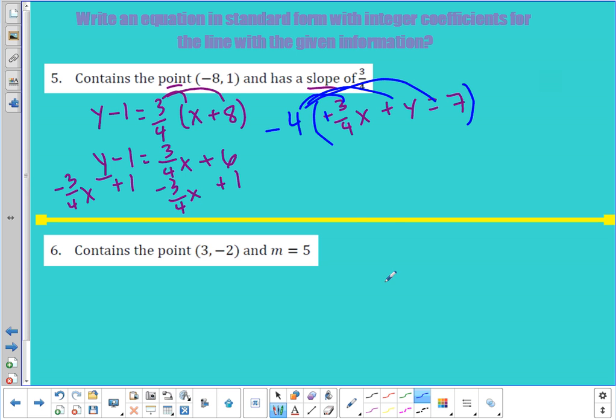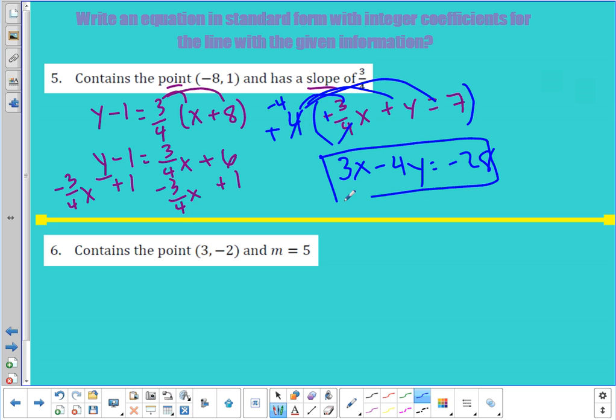So I distribute that across. This 4 cancels that 4, and I'm left with positive 3x. Then I cross through it, so I'll just write it again. This is a negative 4 that I was distributing. So negative 4 times y is negative 4y, and negative 4 times 7 is negative 28. And there's that.